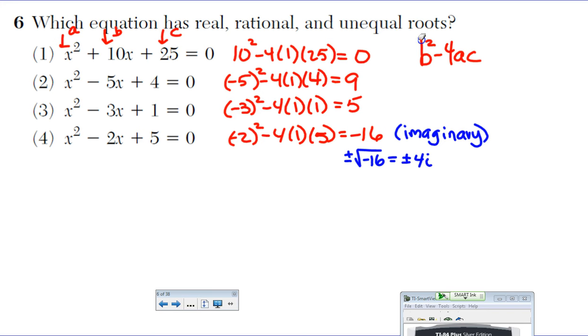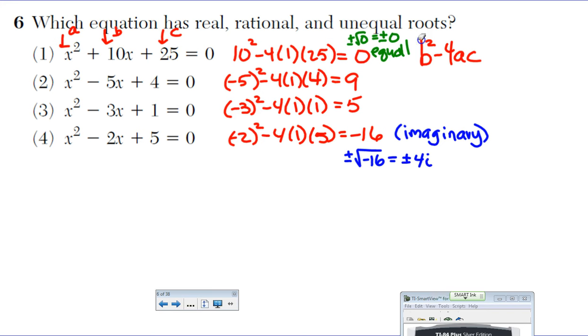If you recall, a 0 for the discriminant means you're going to have equal answers, equal roots. Again, if you forget that, you can put positive and negative radical 0, which is positive and negative 0, and that's the same number, so that's why it's equal.